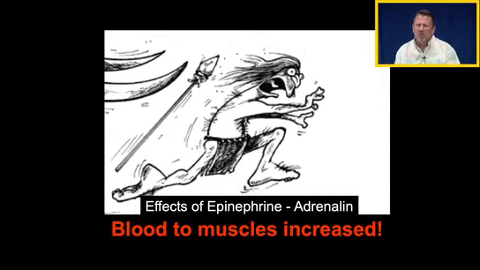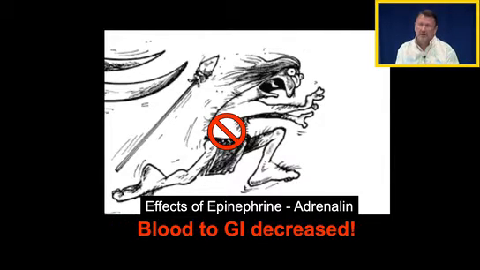He needs more blood going to his muscles because they're working really hard to run away. And so what do we do to get more blood to our muscles? Well, one of the strategies is to stop the blood supply going to the gastrointestinal tract. We need to stop digestion, stop peristalsis, and send the blood to the muscles.